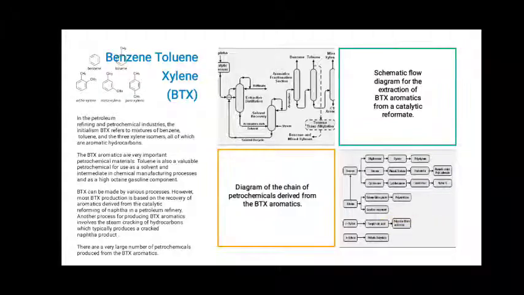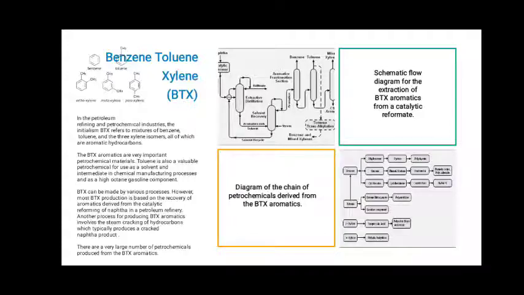As mentioned previously, the BTX, or benzene, toluene, and xylene, is a composition of crude oil. Yes, they are aromatic compounds. In the petroleum refining and petrochemical industry, the initialism BTX refers to a mixture of benzene, toluene, and the 3 xylene isomers, all of which are aromatic hydrocarbons.